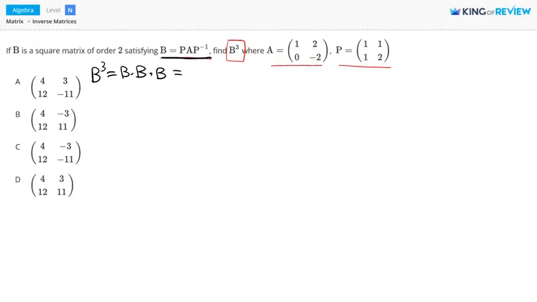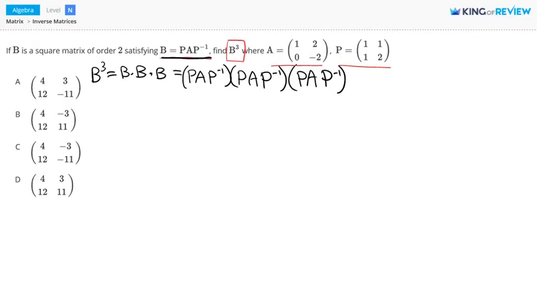B is equal to P times A times P inverse. So we're multiplying that 3 times. So we have P, A, P inverse, P, A, P inverse, and one more, P, A, P inverse.